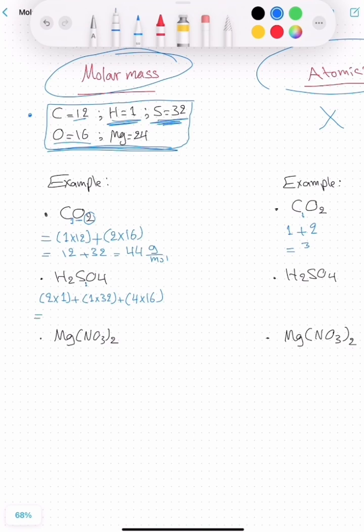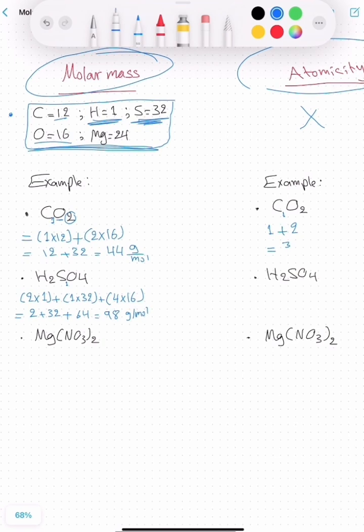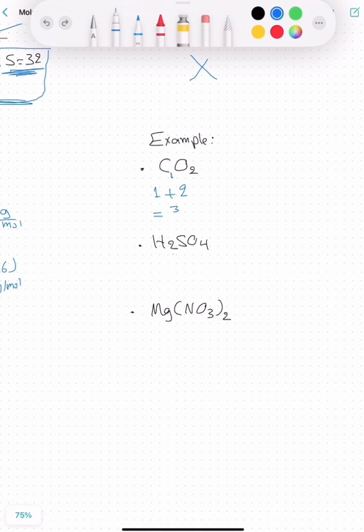Then you calculate. So you have 2 plus 32 plus 64, which is equal to 98 gram per mole. For atomicity, again, just count. How many hydrogens? 2, plus sulfur, 1, plus oxygen, 4, which is equal to 7.